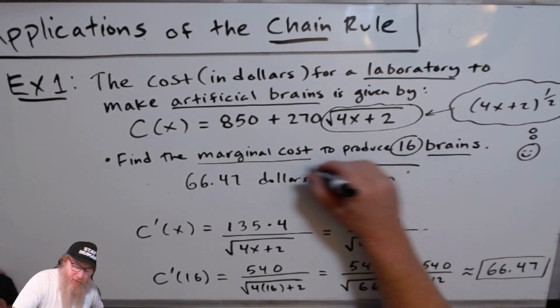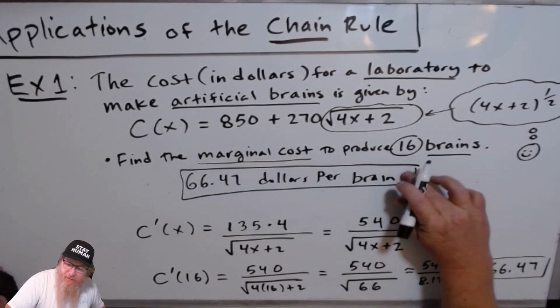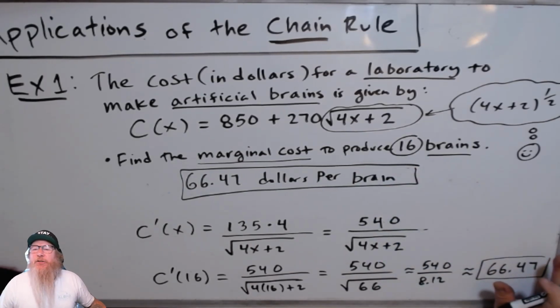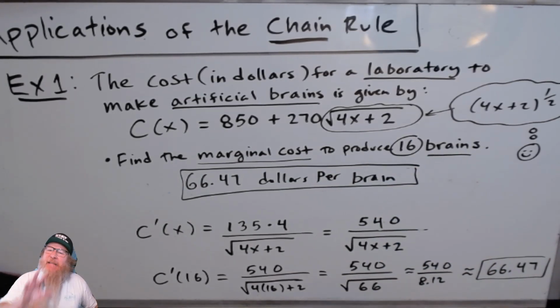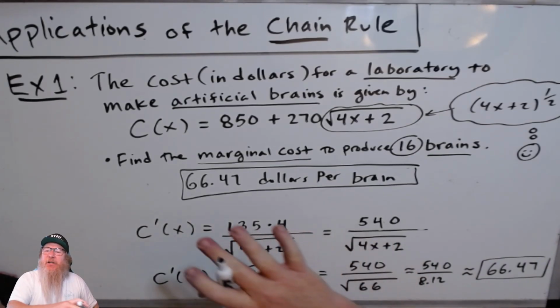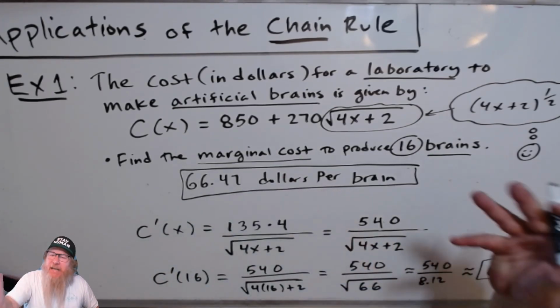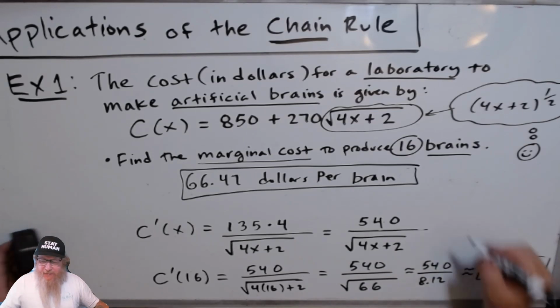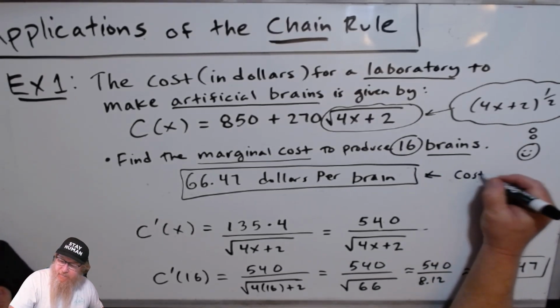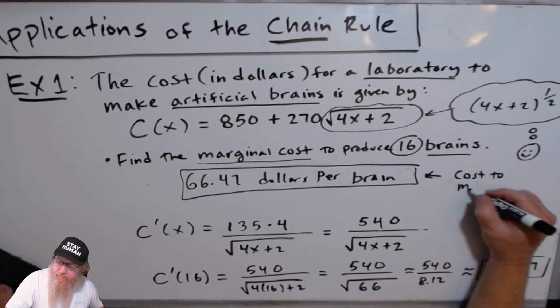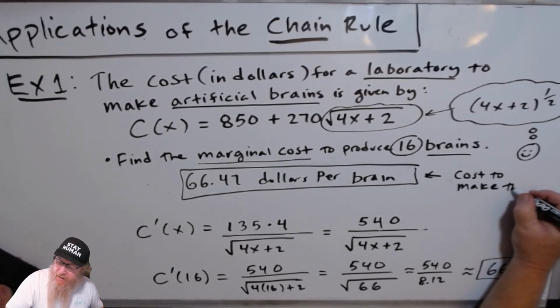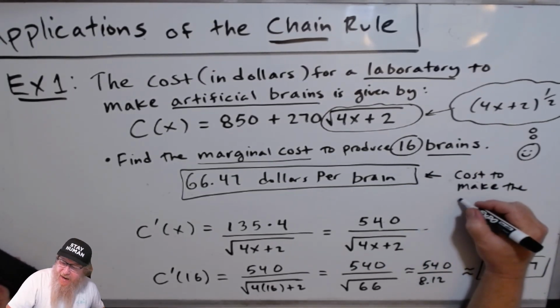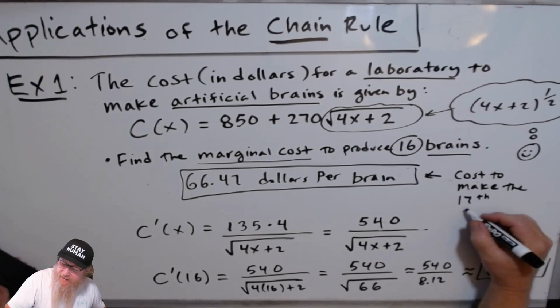I should tell you what this means. It's not the same as the average cost. It's not the average. It's the cost to produce the next brain. Or to manufacture the next brain. So the next brain would be the 17th brain.